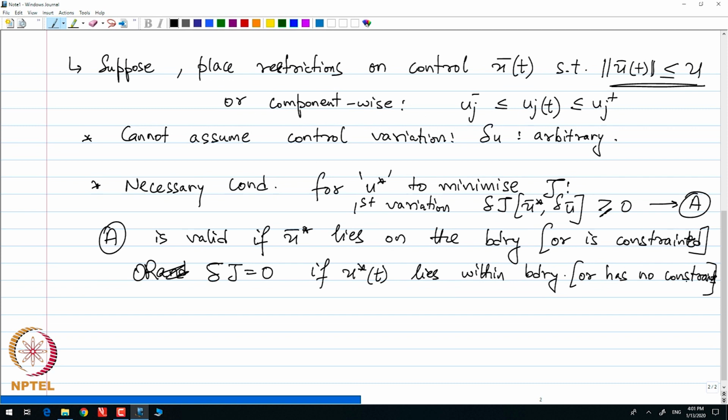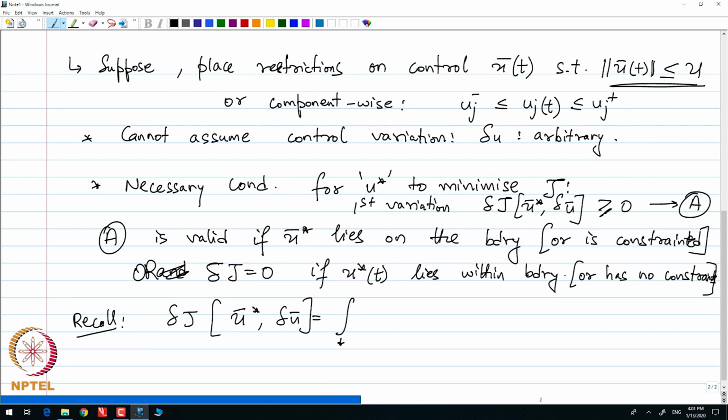So, let us look at this sort of a problem. So, recall that my first variation was as follows. The first variation of the performance index was delta J at u star comma delta u.